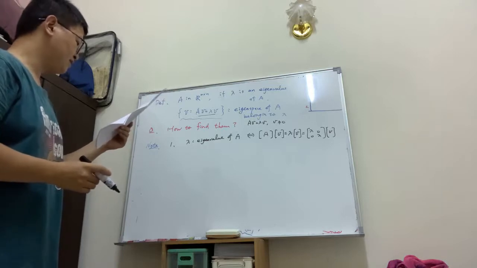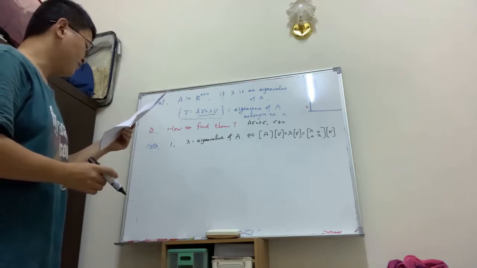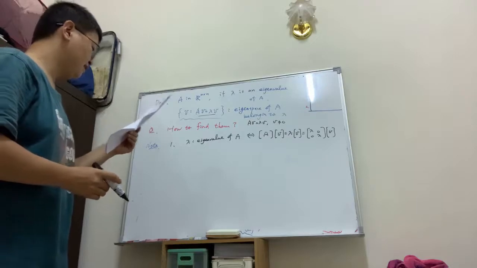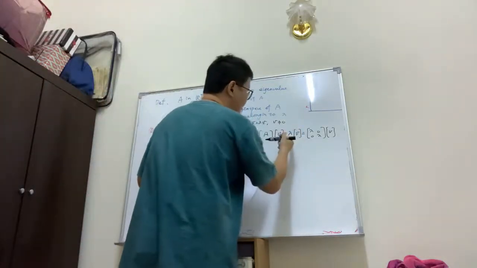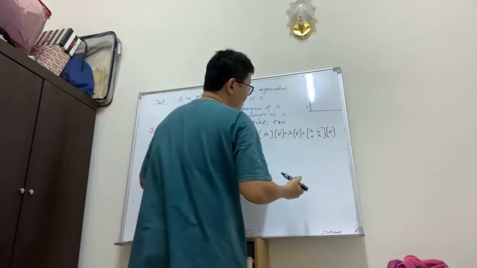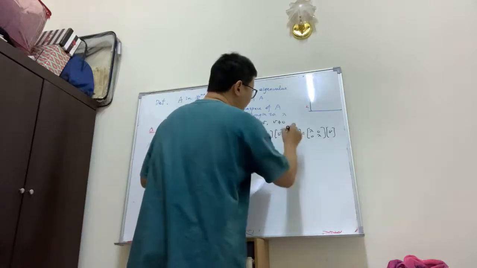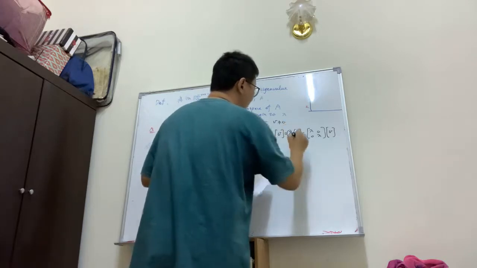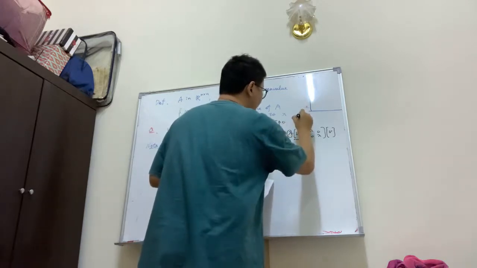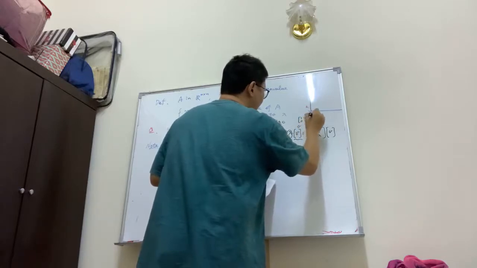Lambda times v. Av equals lambda v, and lambda is a scalar. For the vector v, you could view it this way: it's just the matrix 1, 0, 0, 1 times v.